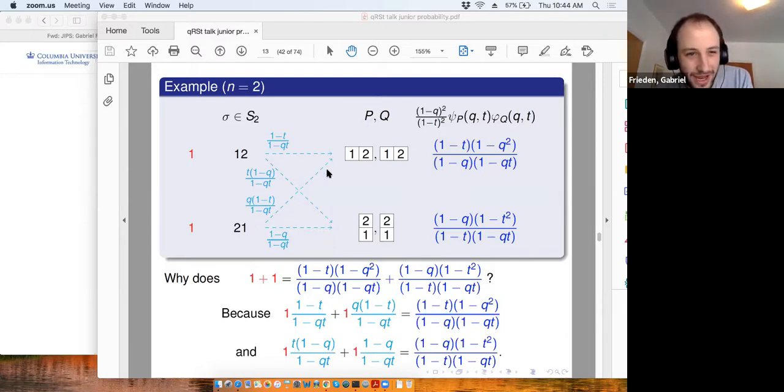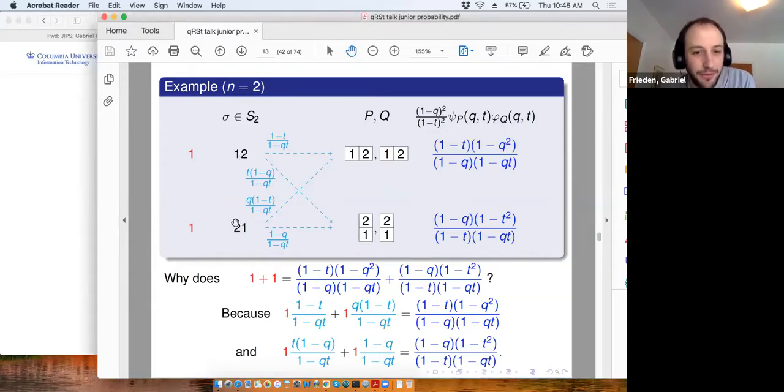So you can think of it as defining an insertion algorithm where when you put a new number in, the new number always goes into the first row. But then if something gets bumped, it has a choice of staying in the row or bumping up to the next row. So when I insert first 1 and then 2, there's no bumping, the 2 just sits next to the 1. But when I insert the 2 first and then the 1 bumps the 2, the 2 has a choice of whether to go up or to the right.